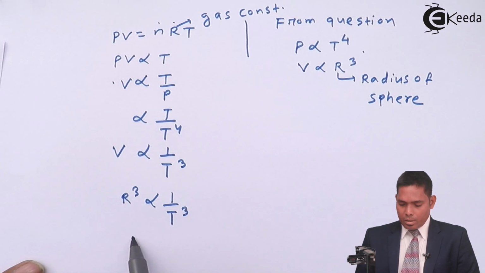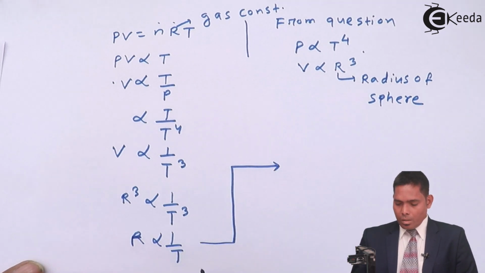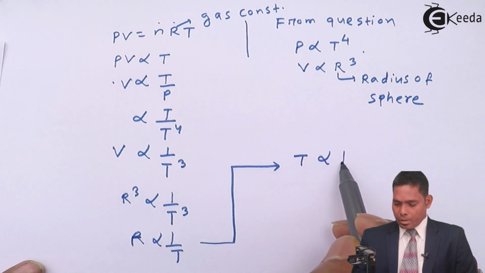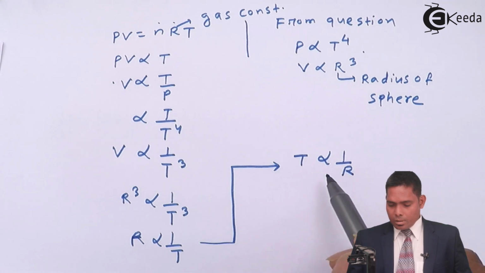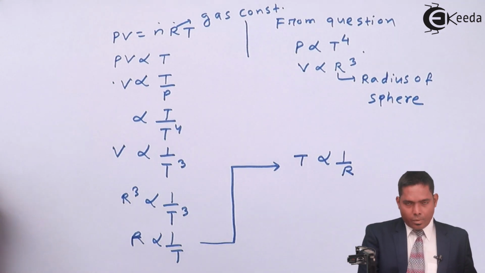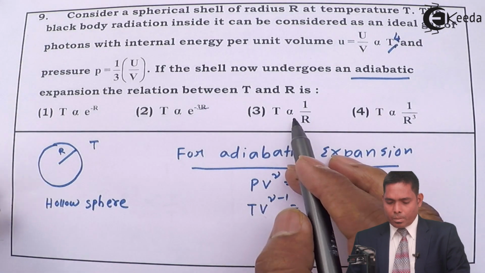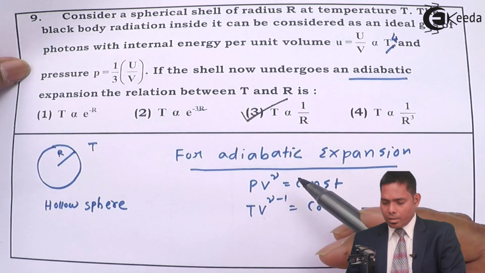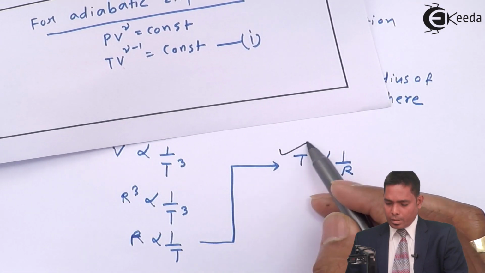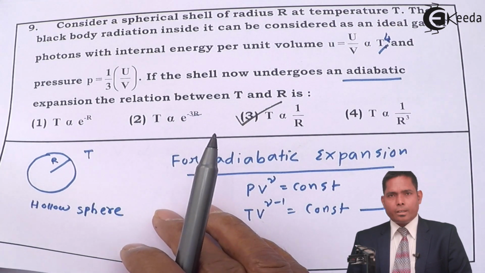From this, R is inversely proportional to T. This implies that T is inversely proportional to R. If I see the options, T inversely proportional to R is the option here, and you can see this is the answer to this question. Okay, thank you.